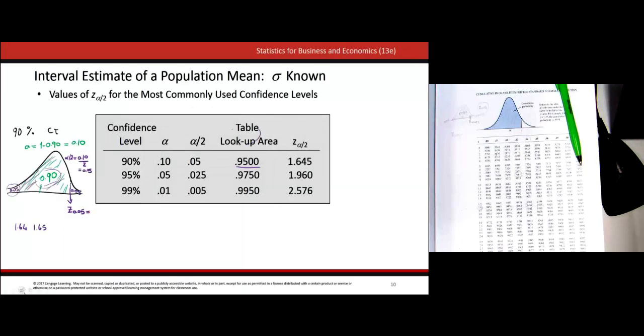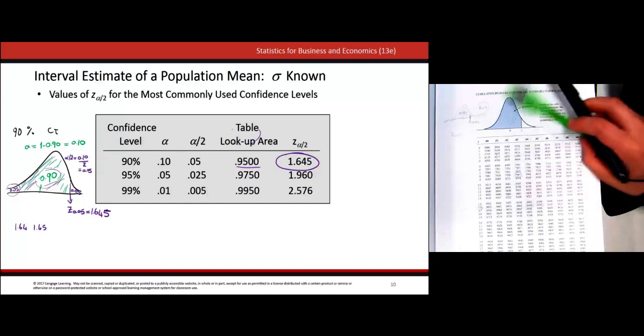So this is 1.645. This is how we get this one. We are using the table in an inverse fashion. How can you use this table?